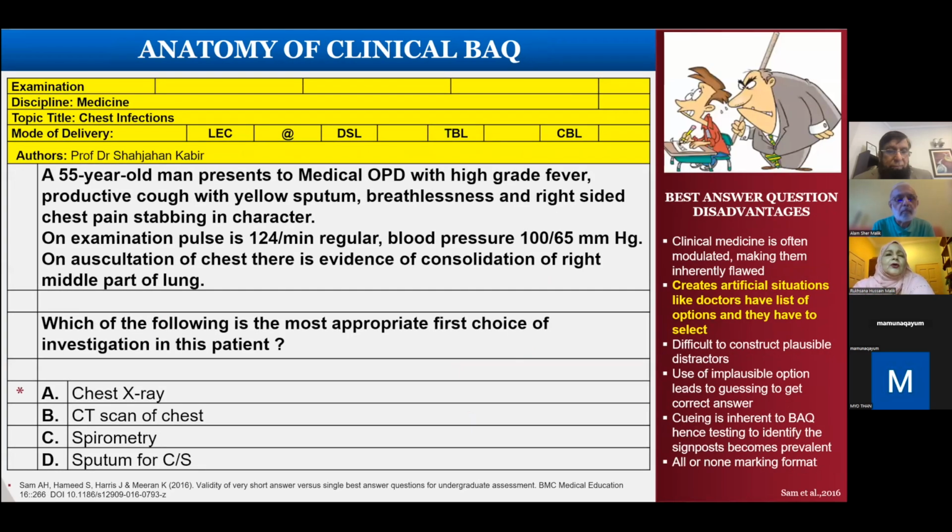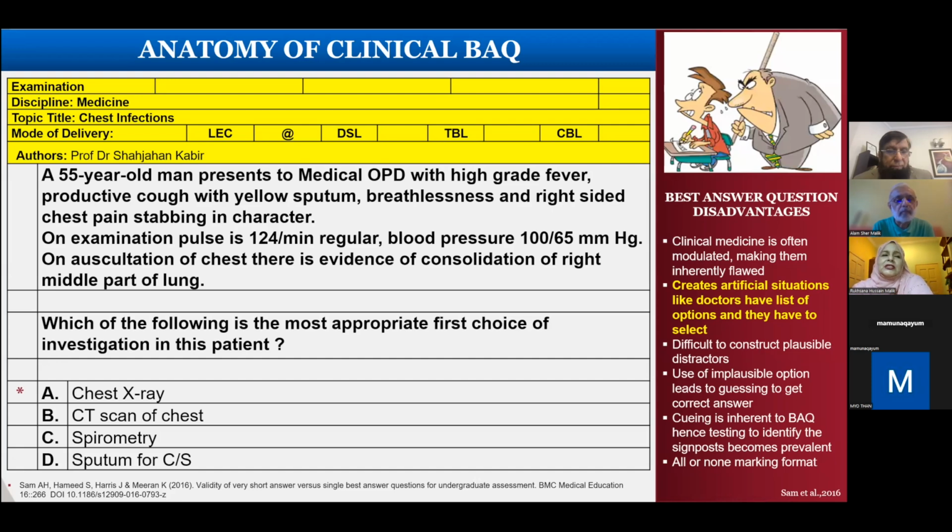Okay. Now this is another question, which is a clinical BAQ. Again, there is a clinical scenario. The clinical scenario takes the form of history taking: what are the steps in history taking and how the information is collected. And then, which of the following is the most appropriate first choice of investigation in this patient?